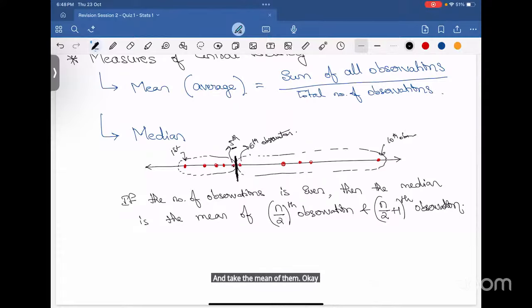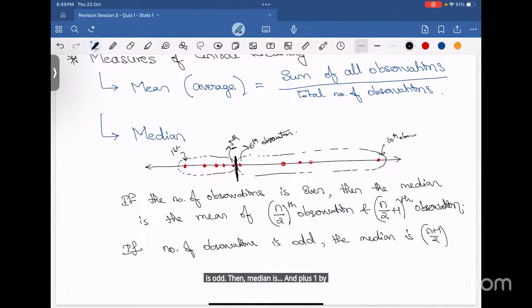But if it is odd, then you can simply take the n plus 1 by 2th observation. If the number of observations is odd, then the median is n plus 1 by 2.